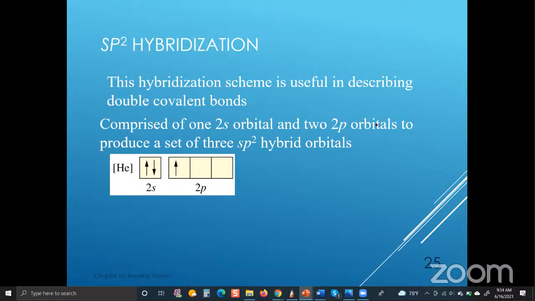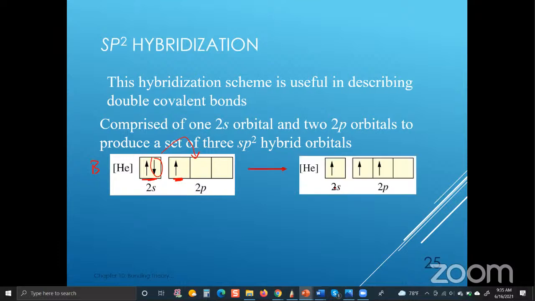Now, this here is the electron configuration of boron, I think. All right. And in this case, you'll notice that you have 2 electrons here in the 2s orbital, 1 electron here in the 2p orbital. So first thing that would happen is that this electron here will be promoted to one of the 2 vacant p orbitals here. And you end up with this situation.